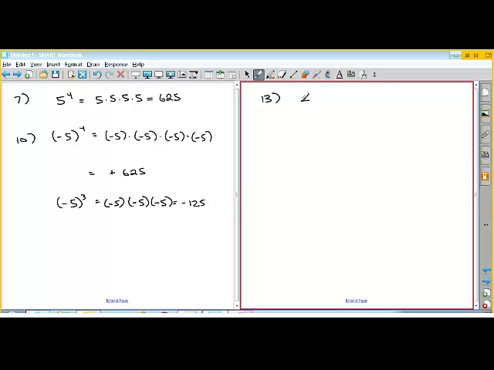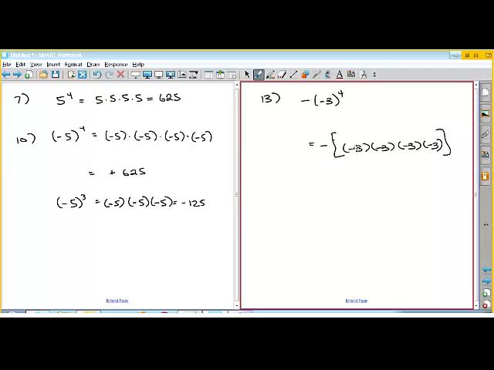Okay, 13 is negative 3 to the 4th power. So there's a couple of ways you can think about this. You know, this is going to be negative, and I'm going to put these square brackets. You have negative 3 times negative 3 times negative 3 times negative 3, close the bracket.